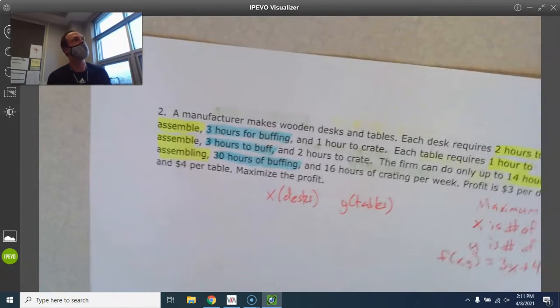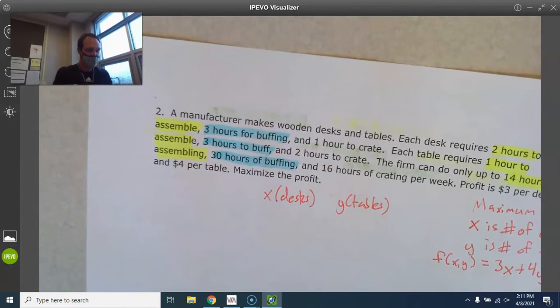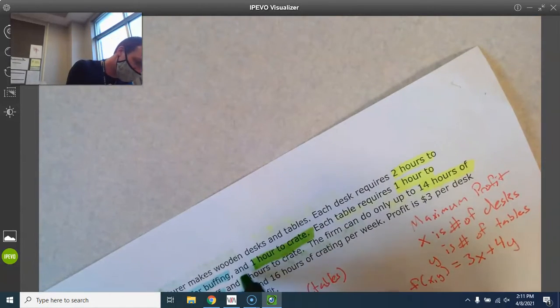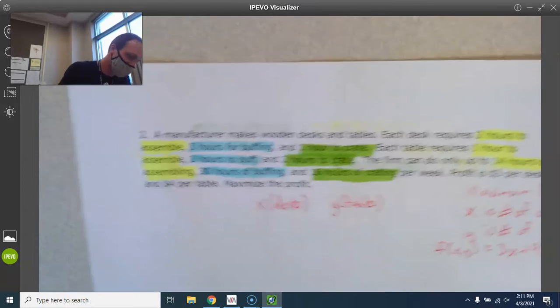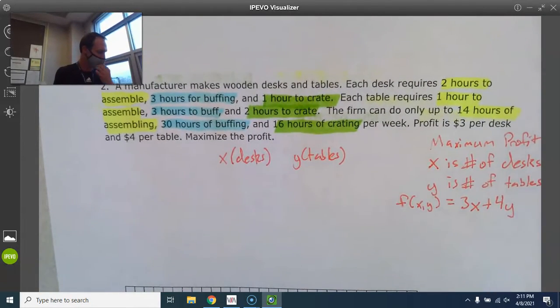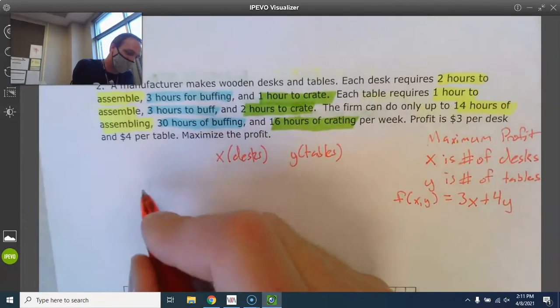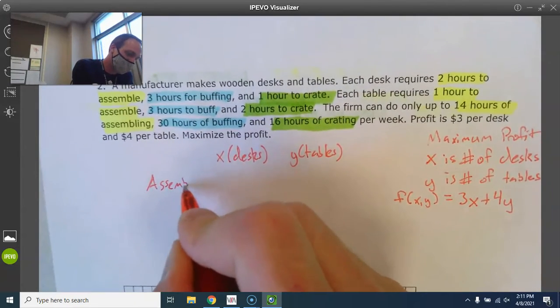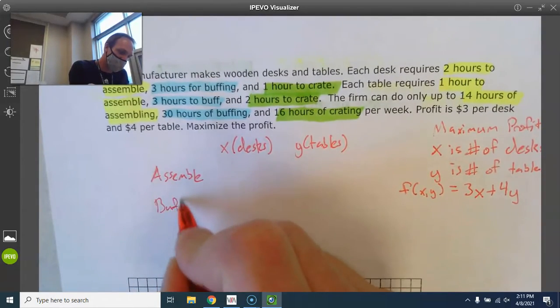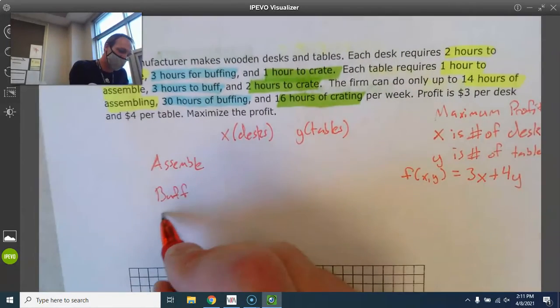No splinters on these. And then crating. So that means I have 3 different restrictions, rows. So I'm going to have an assembling row, a buffing row, and a crating row.